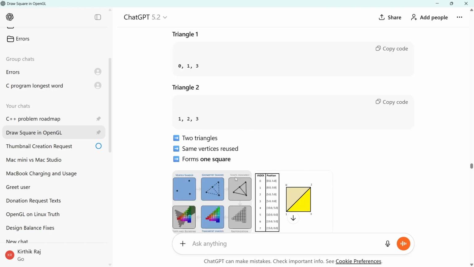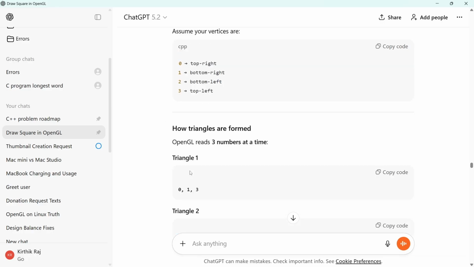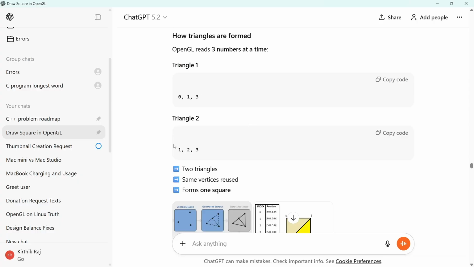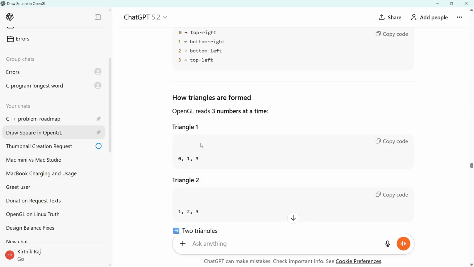I don't know why it is taking exactly that. Wait a minute. Now I understand that. It is actually separating the two triangles into three numbers each.